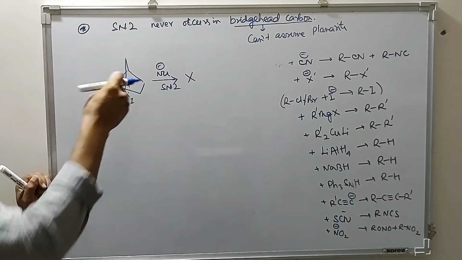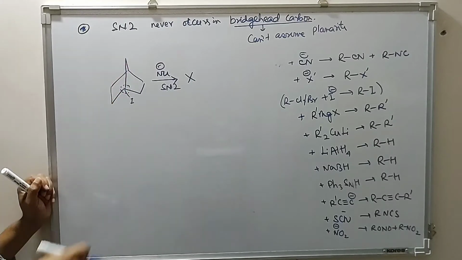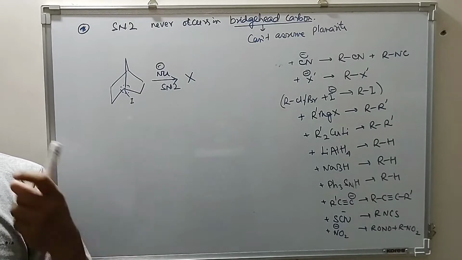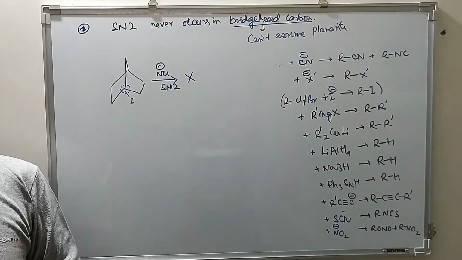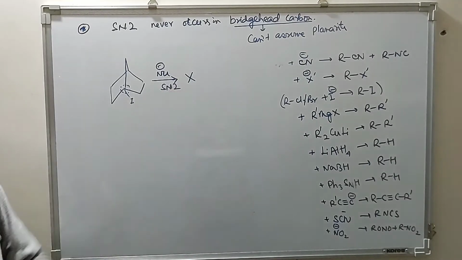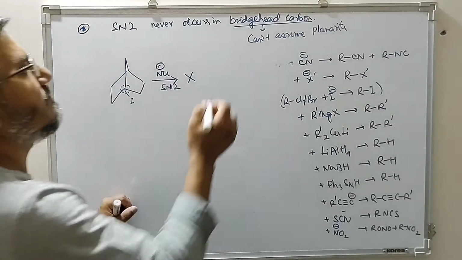Already we have a bridge, so the rear side is prevented. Look at this, this is the front side. On the rear side we have bridge. So due to the presence of bridge, the nucleophile cannot approach the rear side. So if the nucleophile cannot approach, then there is no question of reactivity.